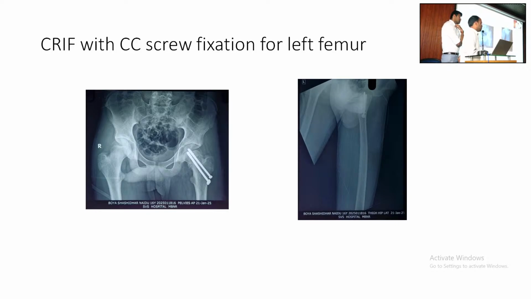Some people say the threaded portion should engage the physis, the growth plate. Some say it should not engage. But the threaded portion should engage the growth plate so that it doesn't produce compression and premature growth arrest.